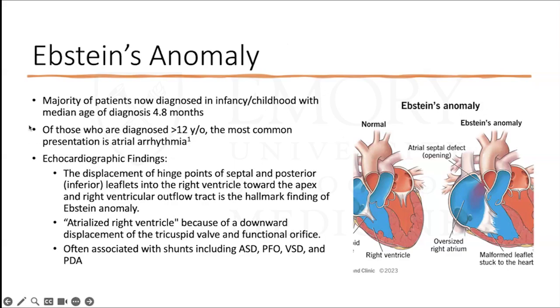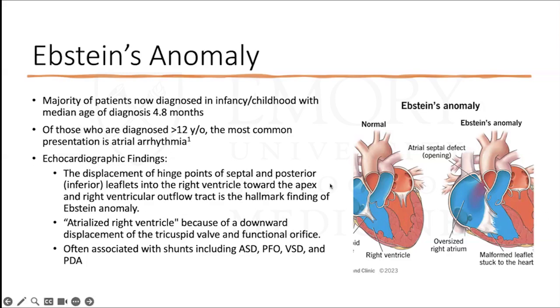But something I thought was interesting when reading about newly diagnosed adolescents and adults: of those diagnosed with new Epstein's above the age of 12, around 42%, so not quite half, the most common presentation was actually an atrial arrhythmia.